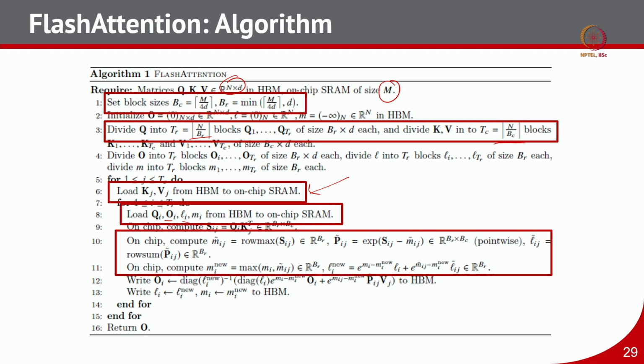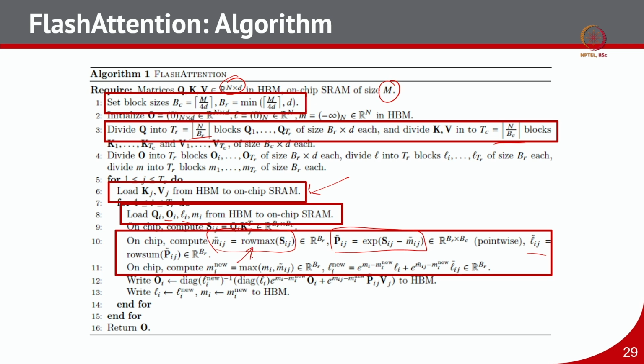They need to be loaded from HBM, and then you can see that Mij, the row max of Sij, is computed, then Pij is the exponential of Sij minus Mij, and Lij equals the row sum. So, all these things are part of the attention computation. You can do a pen and paper computation, and you will see that if we fetch them in blocks, then we need to keep some extra statistics.